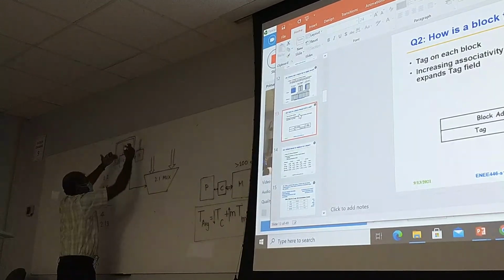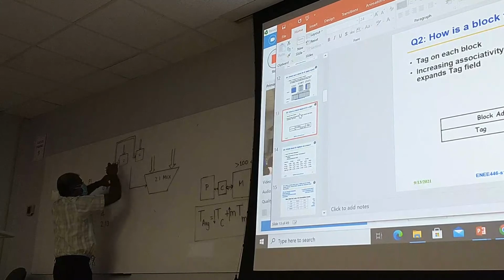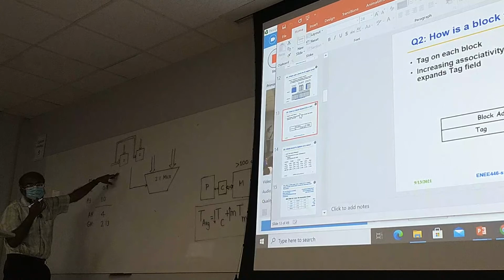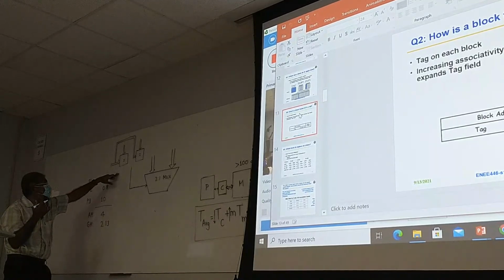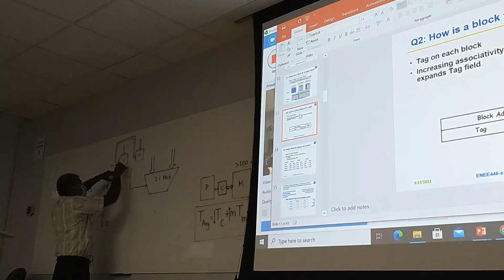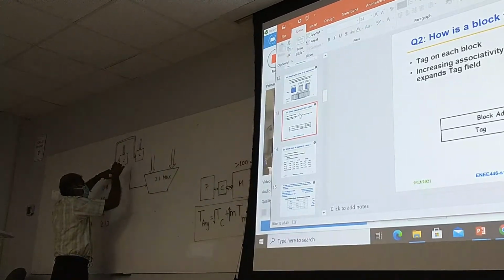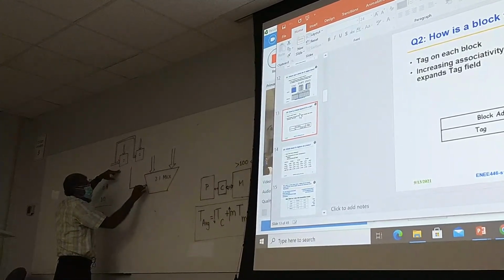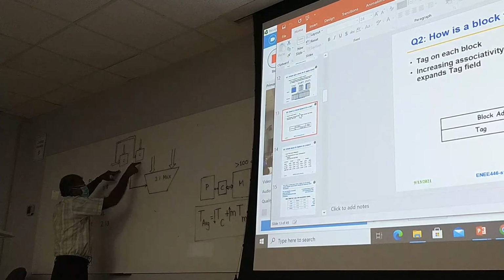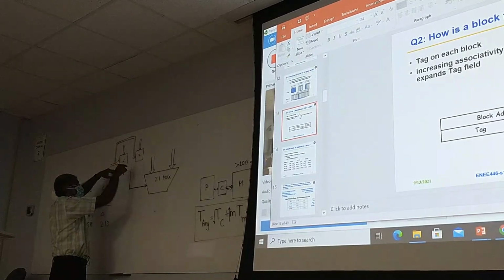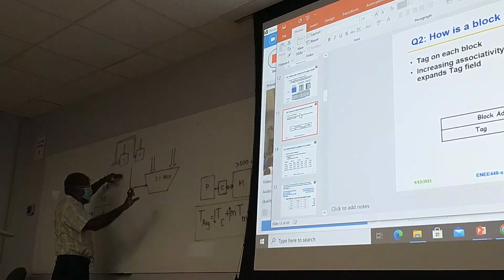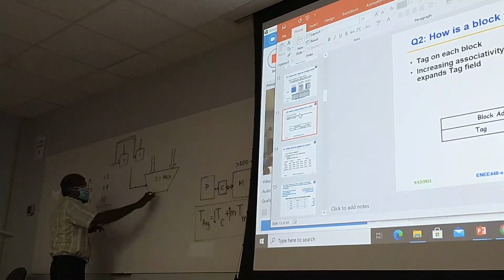So two tags are read, they are compared, and at most one can match. I mean, if both are matching, there is something severely wrong with the controller. So only one of them will match, and depending on which one matched, this select signal will be either 0 or 1. And if none of them matches, then it will be an invalid. So it will say whatever is being read from here is all invalid.